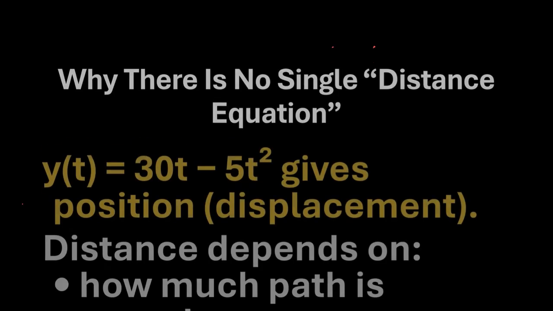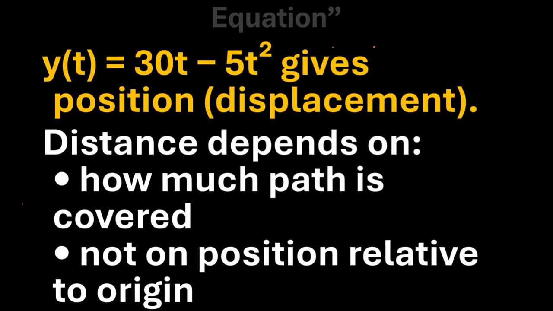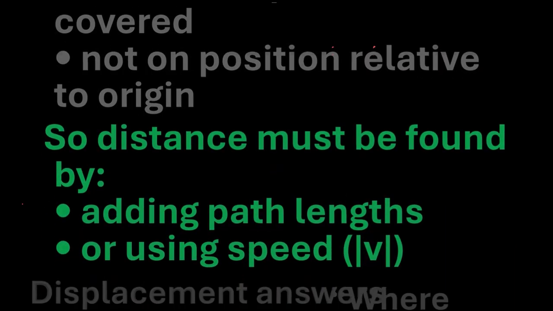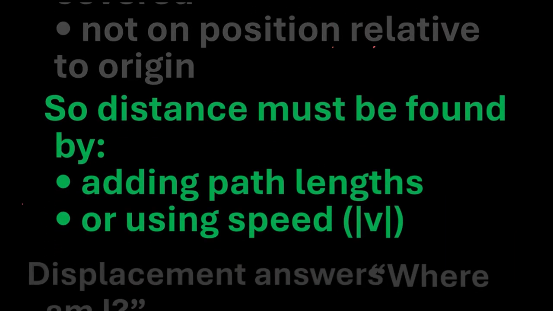Another question that would come to your mind now is why there is no single distance equation like we have for displacement, which is y of t equal to 30t minus 5t squared. It gives the displacement, not the distance, because distance depends on how much path is covered and not on the position relative to origin.